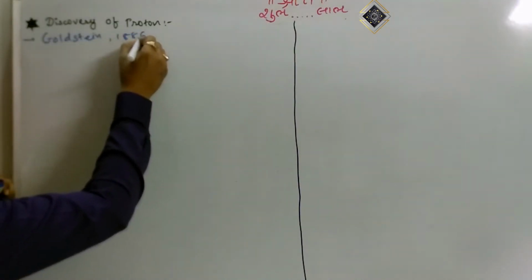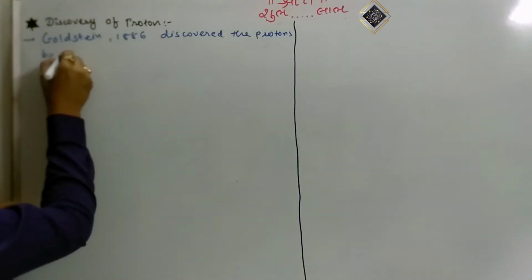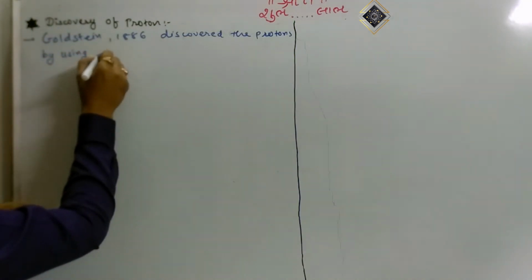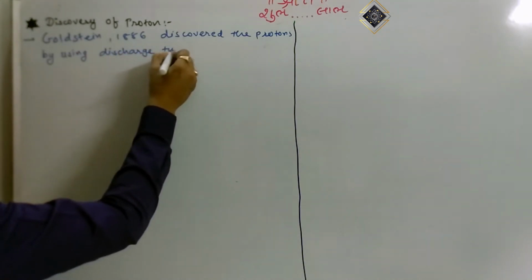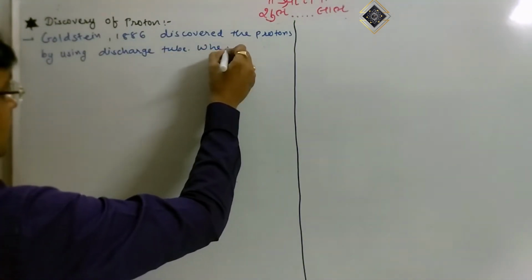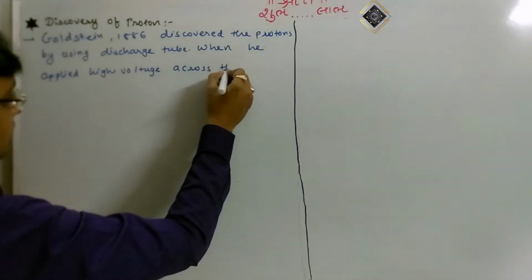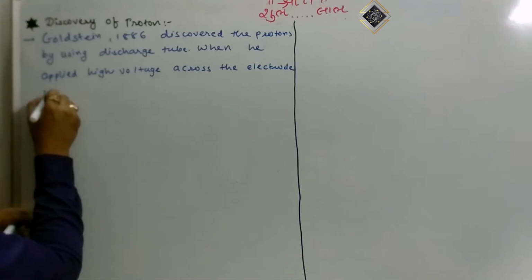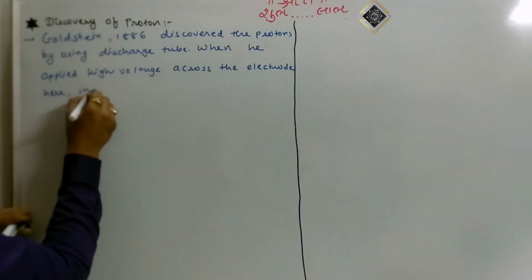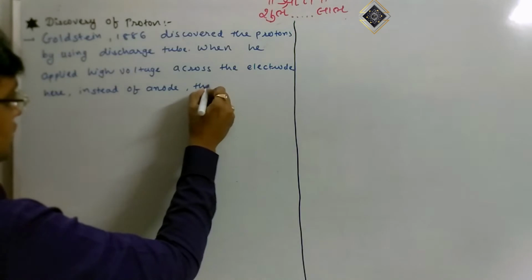Goldstein in 1886 discovered the protons by using a discharge tube when he applied high voltage across the electrodes. Here, instead of the anode, the cathode is perforated.